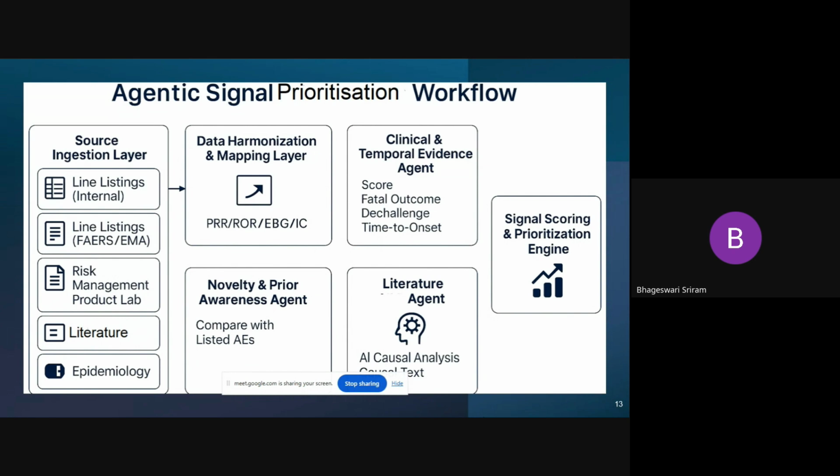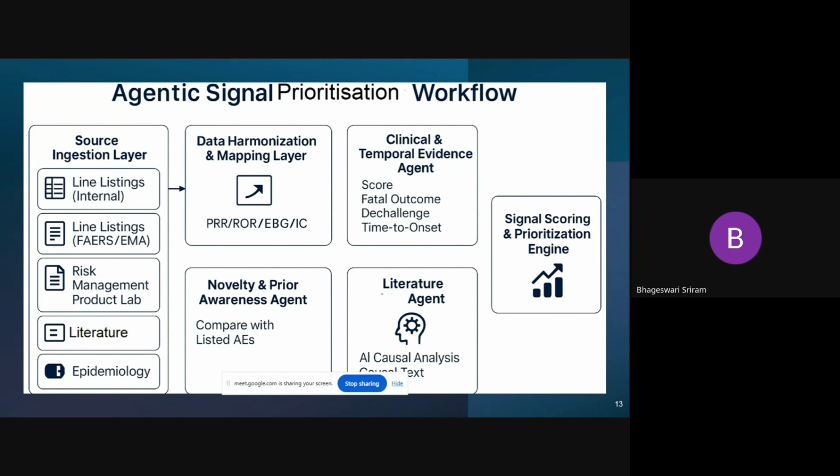And then come our agents. Our clinical evidence agent will generate the score on relative reporting, re-challenge, seriousness, time to onset, then the reporter type credibility, then countries of incidence, basically all the insights that need to be generated from the case listings.